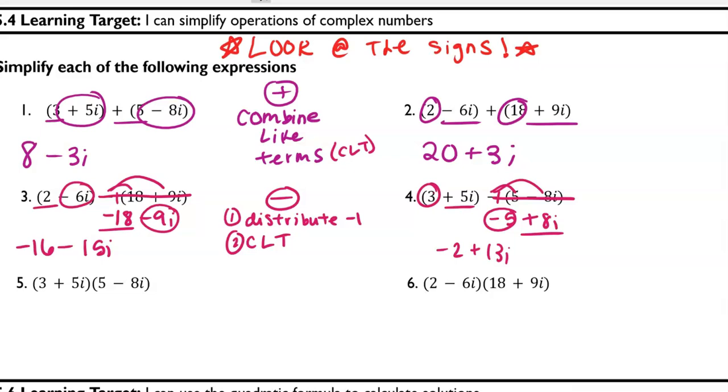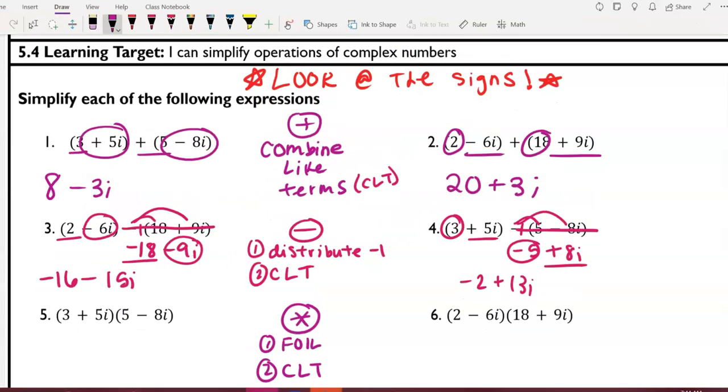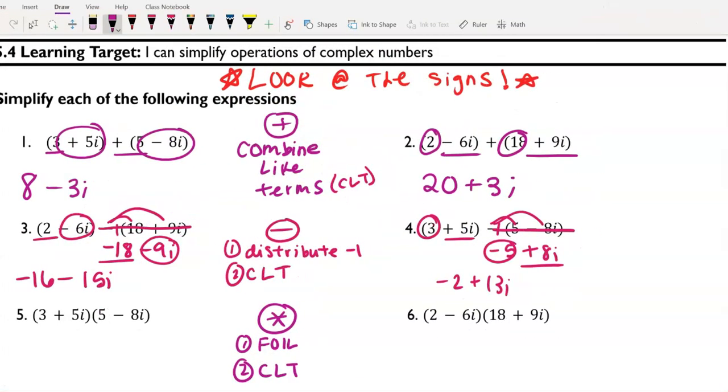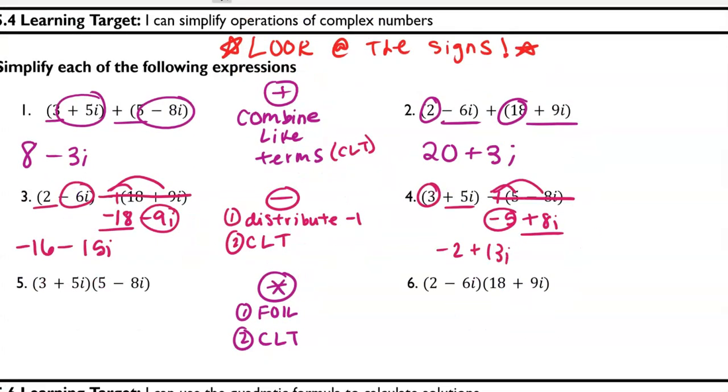All right, now when we multiply, we need to FOIL and then combine like terms. So starting with foiling, I had a couple of people ask me this current unit how we know which numbers to multiply by, and I kind of thought we were past that, but that's okay.